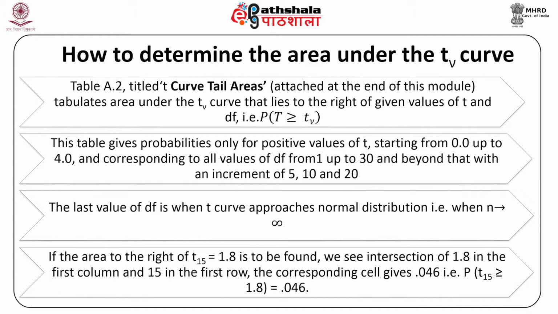For example, if the area to the right, let's say of T15 equal to 1.8, is to be found, we can see the intersection of 1.8 in the first column and 15 in the first row, and the corresponding cell gives us 0.046. That means the probability T15 greater than or equal to 1.8 is equal to 0.046.